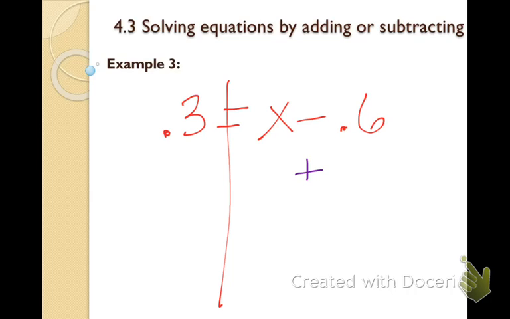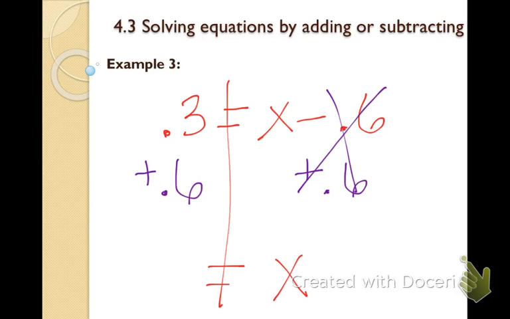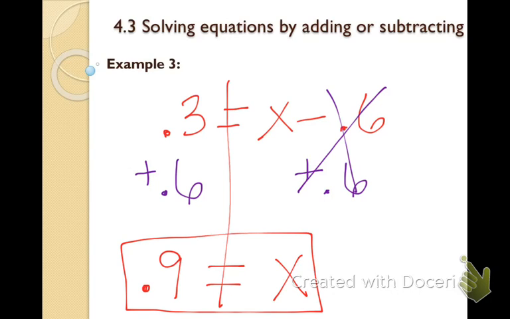So I need to plus 6/10. I need to follow the golden rule, do it to both sides. Simplifying this side, those cancel out to 0. I'm left with x over here, and over here I'm left with 9/10. Boom, my answer is x equals 9/10.